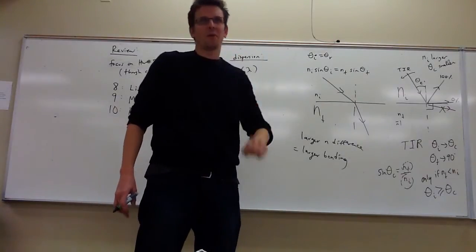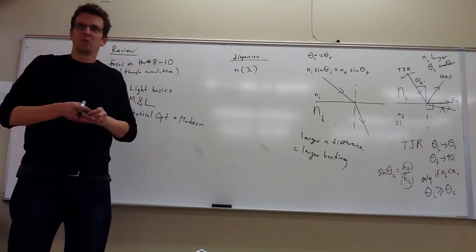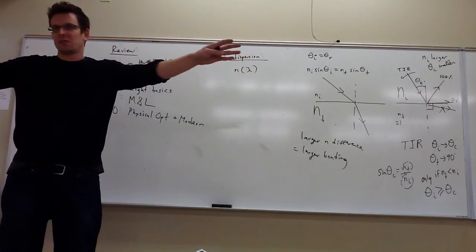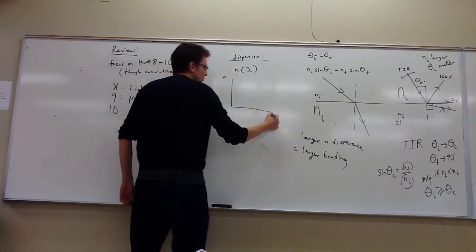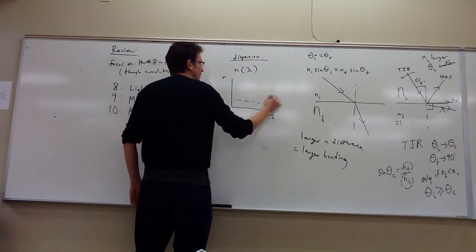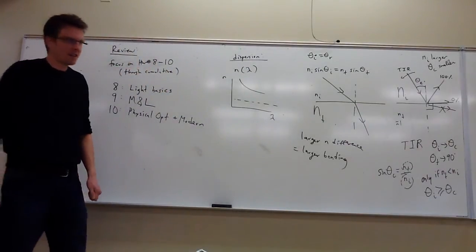If we're clever with how we do it through a prism, we can drive a progressive wedge and fan out the colors differently. Remember that the typical dispersion profile for many things like glass and water looks like this. So the n value decreases with wavelength.